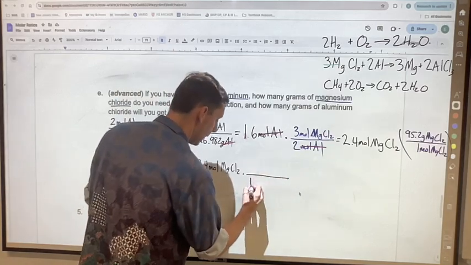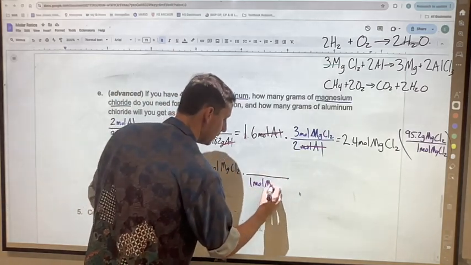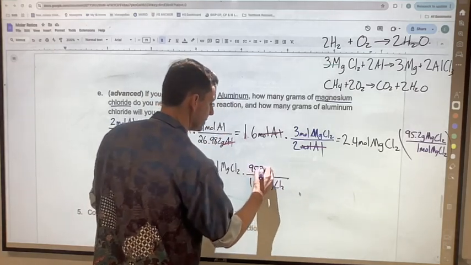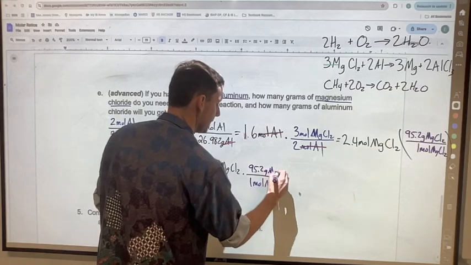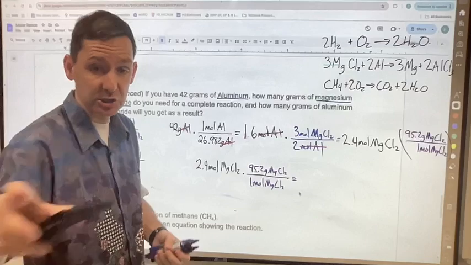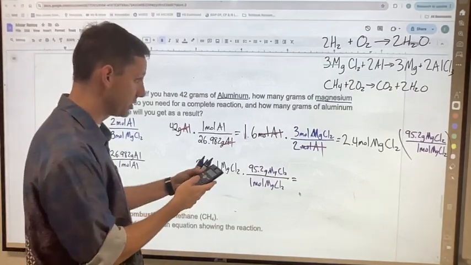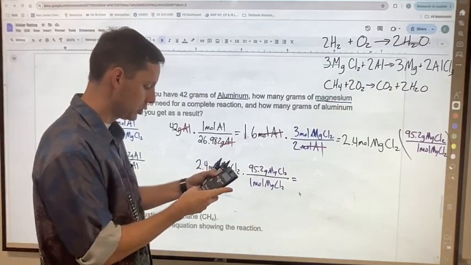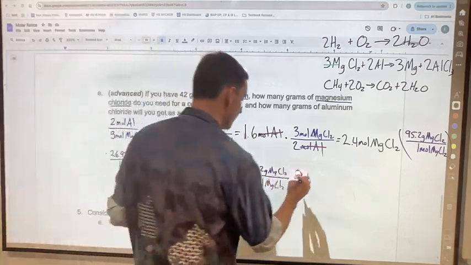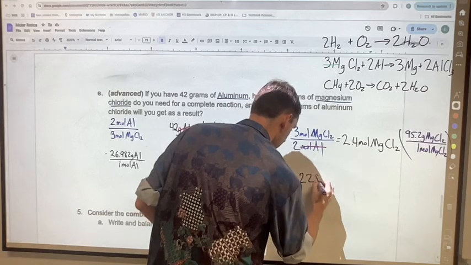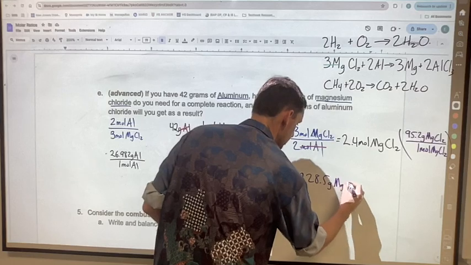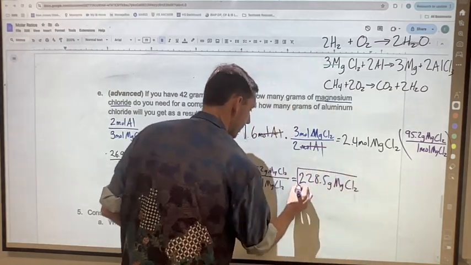I can put my 1 mole of MgCl2 on the bottom and then the 95.2 grams of MgCl2 on the top. And so then I can just go 95.2 times 2.4 and I get 228.5 grams of MgCl2.